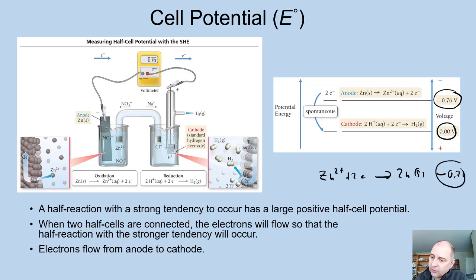And so what you would do is single those two things out, then you get these two numbers, and you determine that it flows from the lower to the higher, or from the more negative to the more positive. So that makes that the anode, and if it's the anode, it's the oxidation. So you have to write this reaction in reverse to make it the oxidation, which is what we have done in this step. And the cathode stays the way it is because that is the reduction.